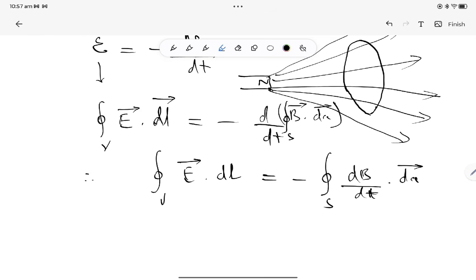We now use Stokes theorem. Why Stokes theorem? Because you have a loop integral here. And what does Stokes theorem tell us?